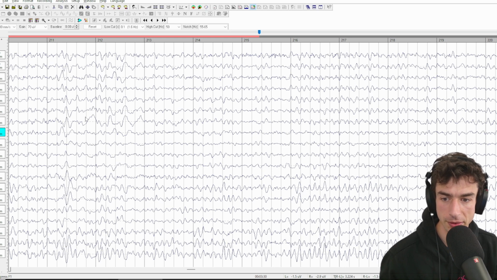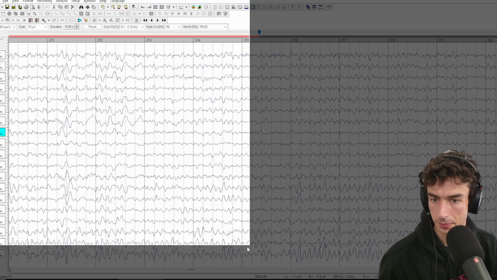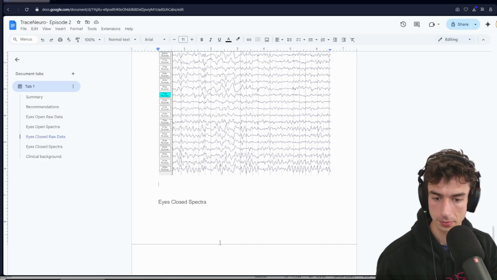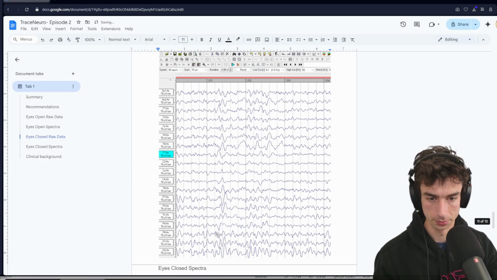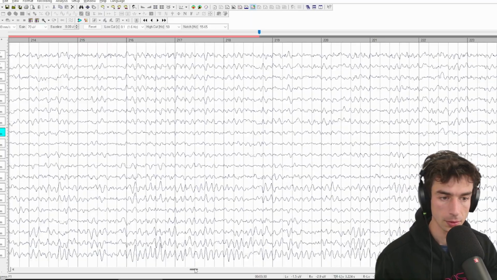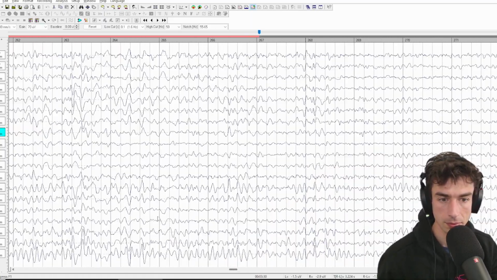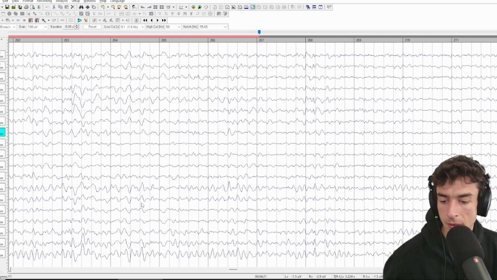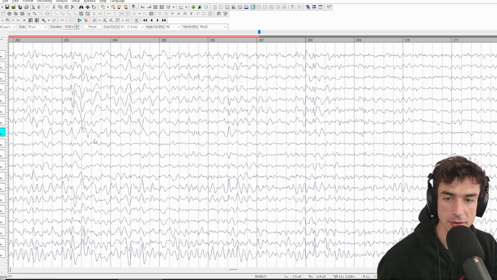Here's some more slowing that's centered around F8. And another instance of this sort of front to back kind of transient slow wave.